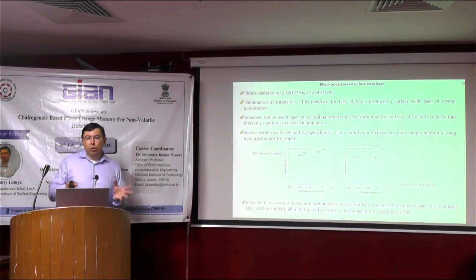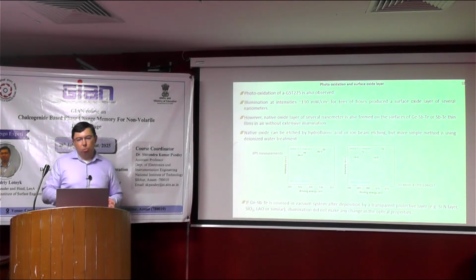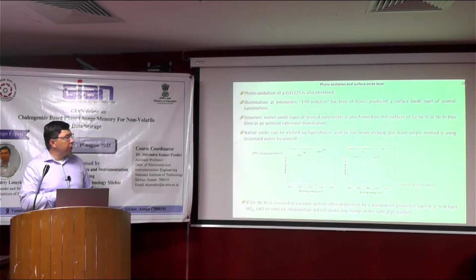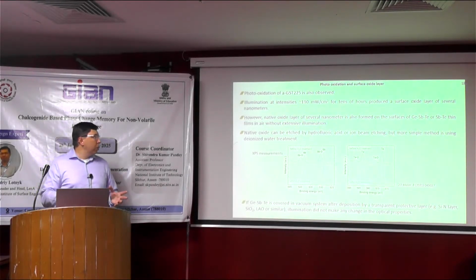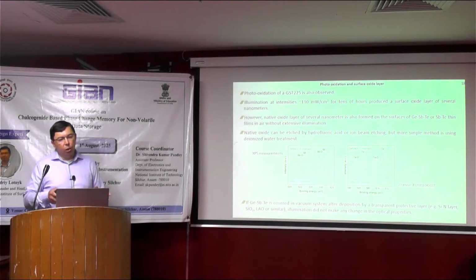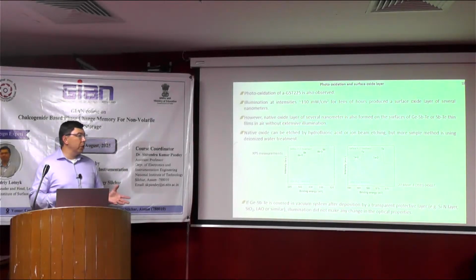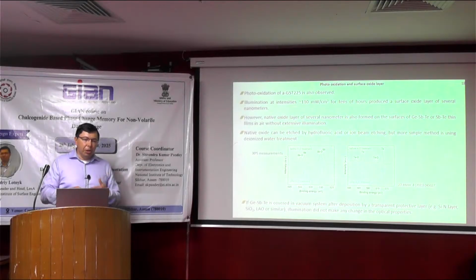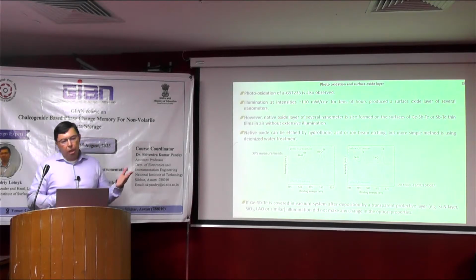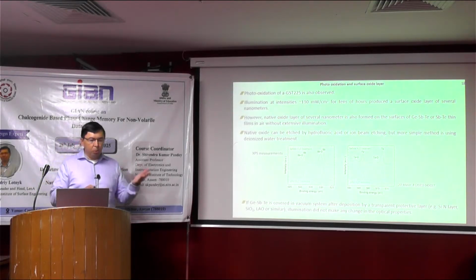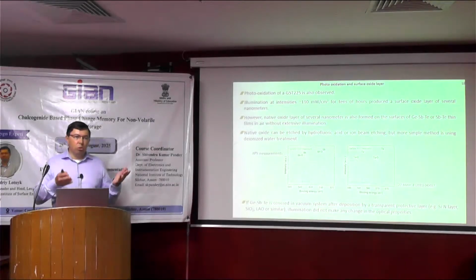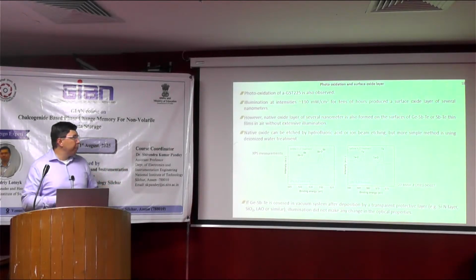But chalcogenides like germanium antimony telluride or antimony telluride are known to form this oxide layer even without extensive illumination. So if you take your material outside of the vacuum chamber after the deposition and expose it to the air, you can produce an oxide layer on the surface.